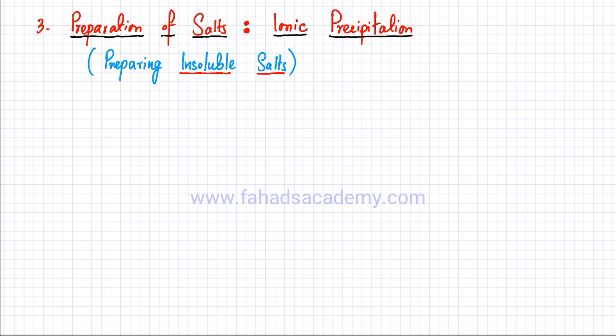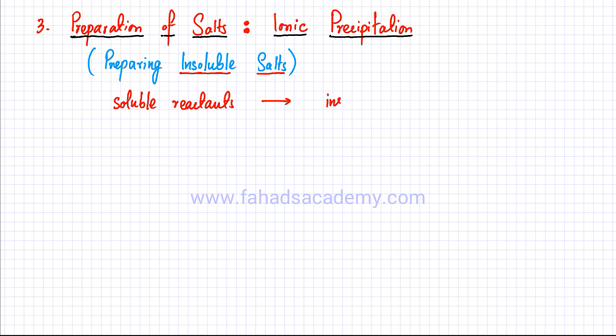The description of this method is very easy, and the way it is done is that you take two soluble reactants. Now you're going to take two soluble reactants, and those two soluble reactants must react to produce an insoluble salt.